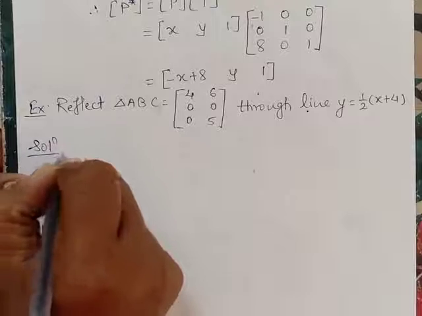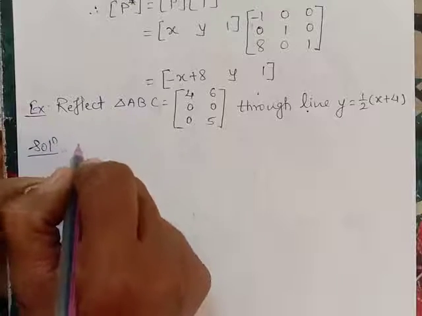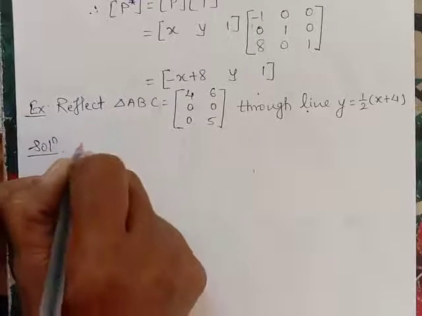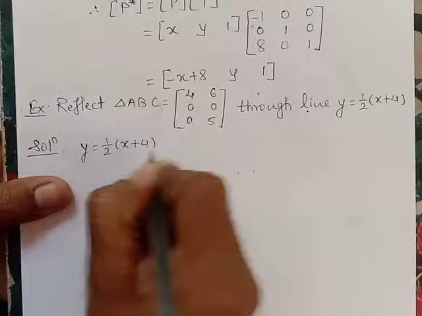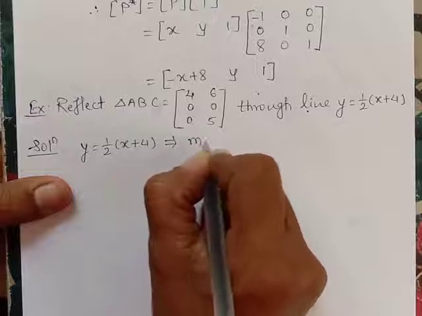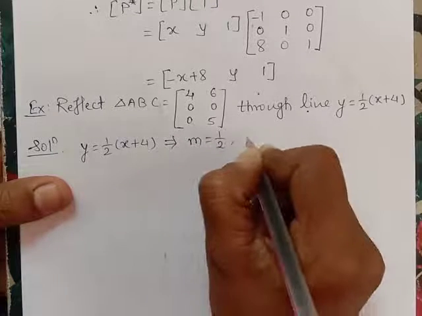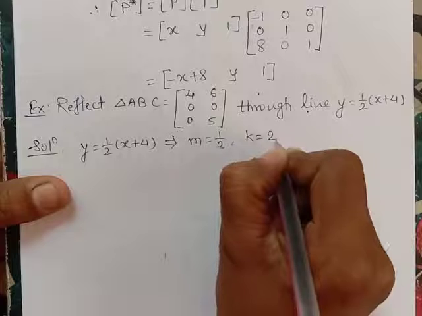Solution: y equal to half x plus 4, that implies m equal to half and k equal to 2.